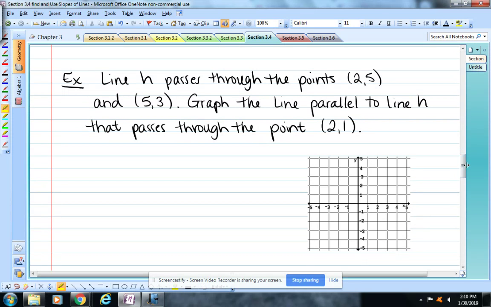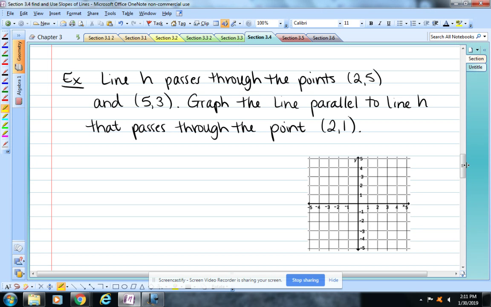So hopefully we remember at least how to graph points, right? This is my x's, left to right. These are my y's. The positive x's are over here. The negative x's are over here. Positive y's are up. Negative y's are down, right? So here's what's happening.